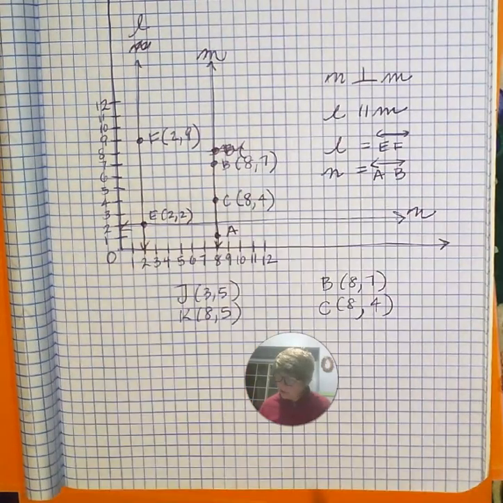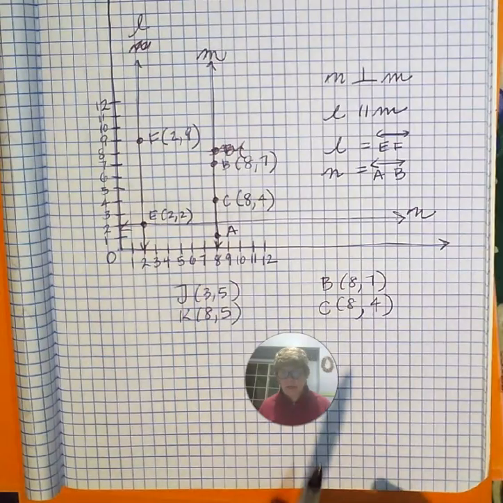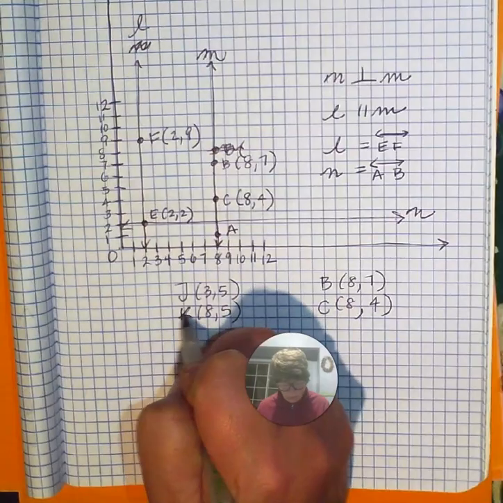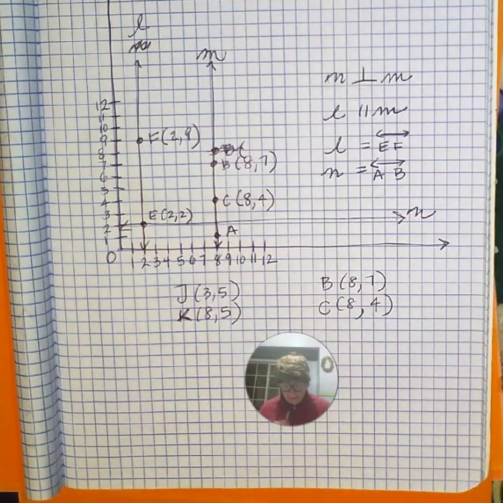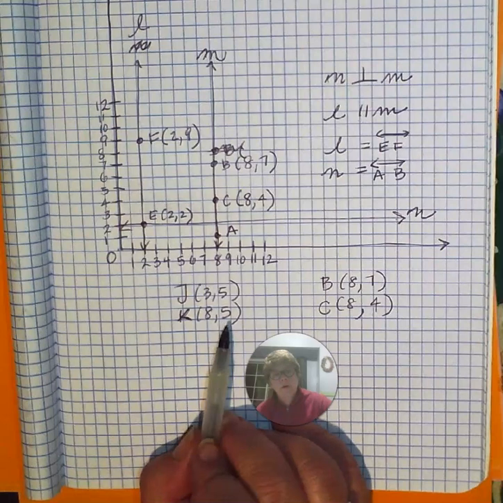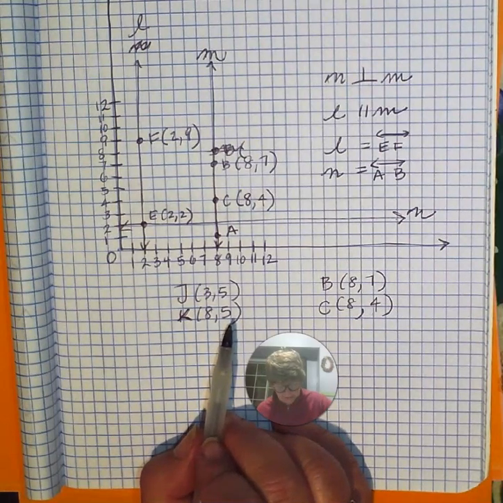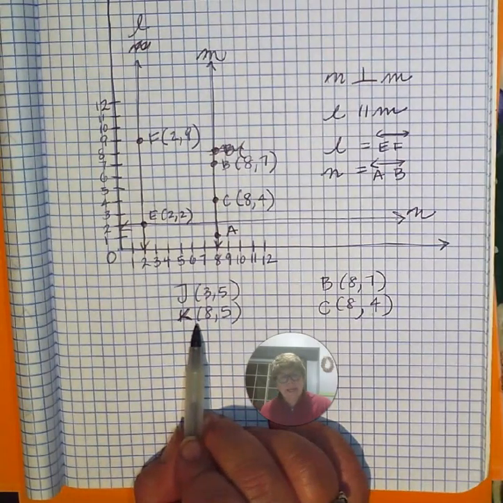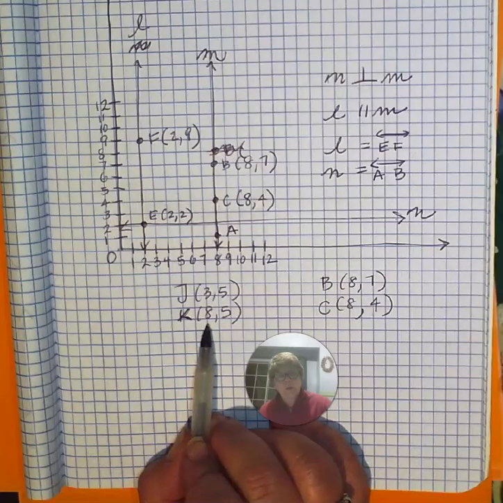And let's look at J, which isn't on our graph yet, which is 3, 5, and K, which is 8, 5. Which point is farther from the y-axis? Just by looking at the ordered pair, which one is farther from the y-axis? Hopefully you're saying 8, K, because it is 8 away.